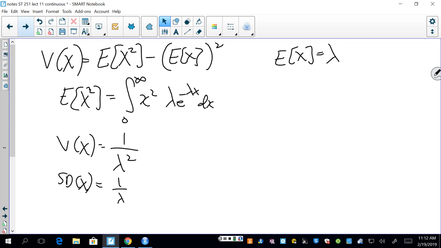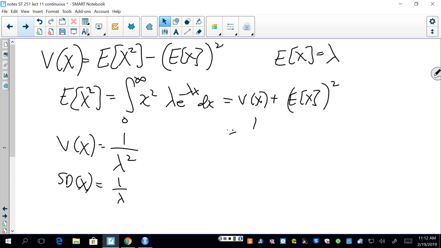So if you did this integral, this equation up here means that the expectation of x squared is the variance of x plus the expectation of x, all of that quantity squared.